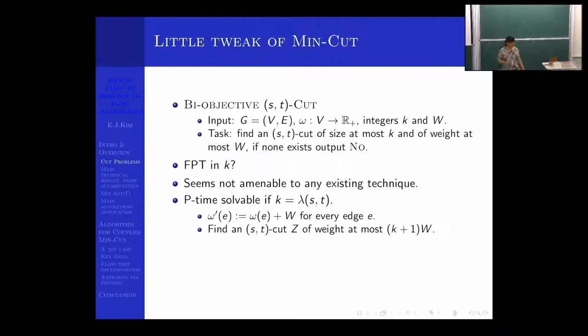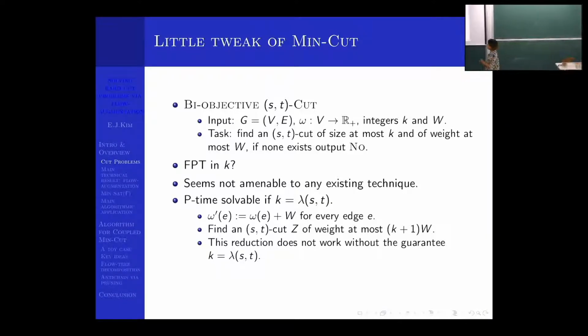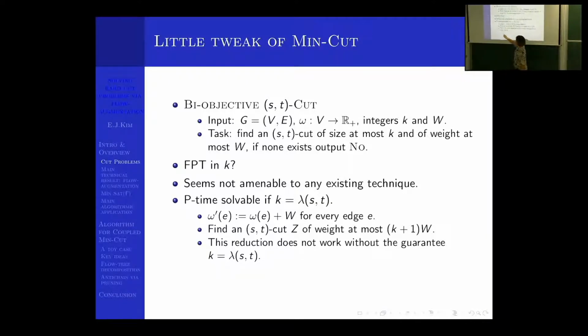Then you might ask, why can't we use the same reduction even when you don't have this guarantee, even when k is larger than lambda?